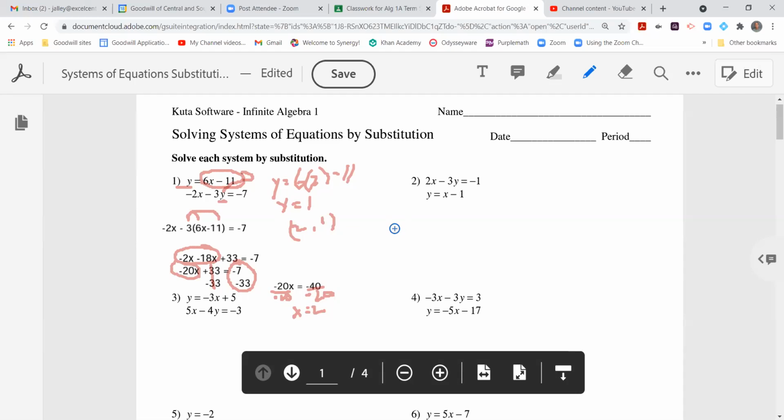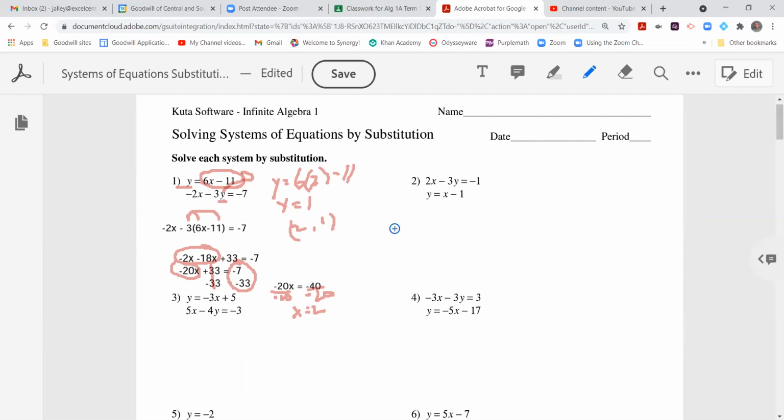And see, the other thing that you'll probably notice about this substitution problem is we had one equation that's in standard form. The other equation is in slope-intercept form. What do we say about elimination? It works best if both equations are in standard form.